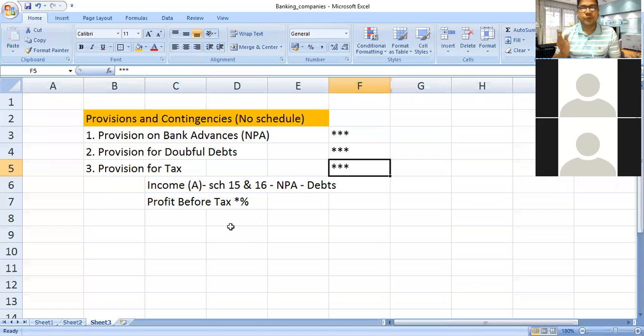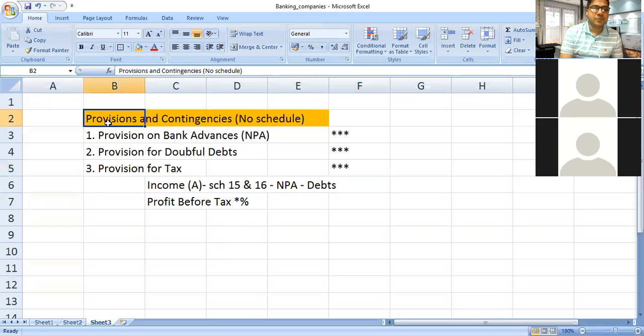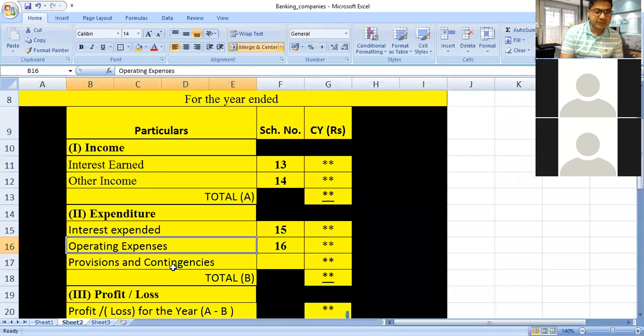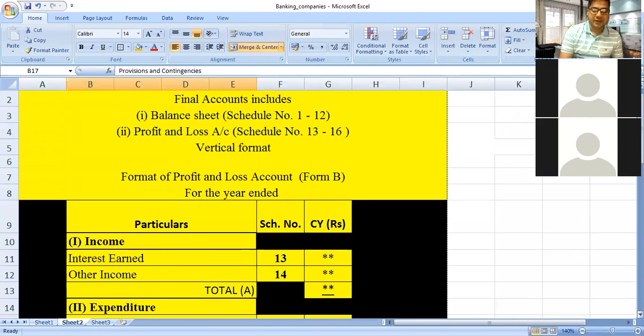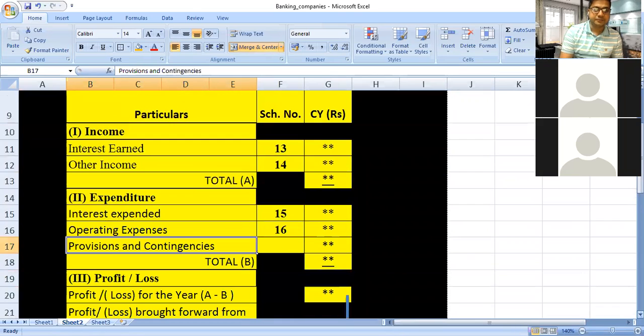The rest of the value is profit before tax, and on that we have to charge tax liability. So it is considered as a provision for tax. I hope you understood this important point, provisions and contingency. It is a part of profit and loss, and it is always recorded after recording schedule number 15 and schedule number 16.